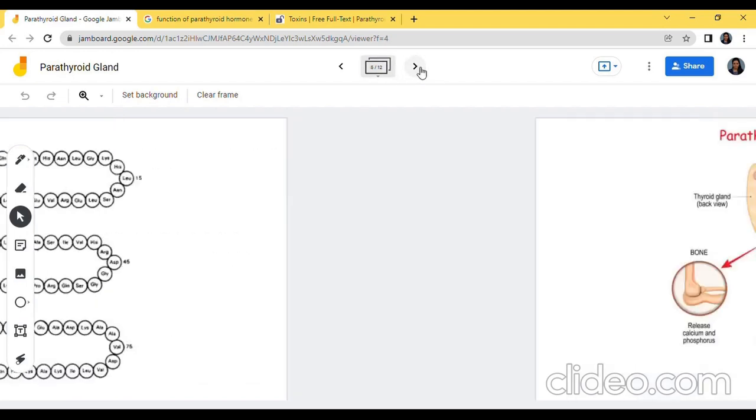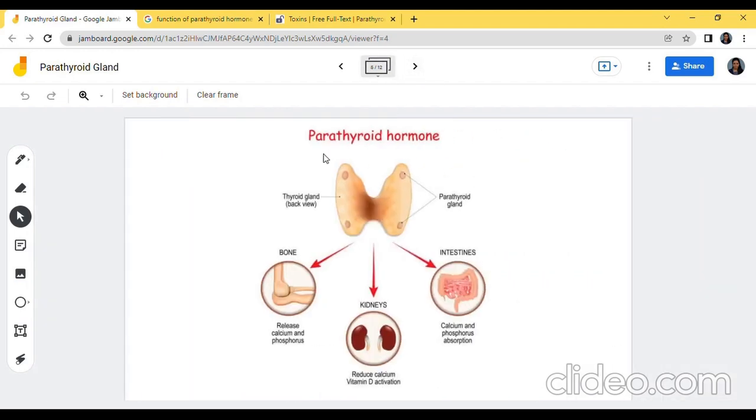Let's move on to the functions of this parathyroid hormone. It helps in bone functioning, that is, it helps in the release of calcium and phosphorus, and it helps the kidney in vitamin D activation, and it helps the intestines in the absorption of calcium and phosphorus.